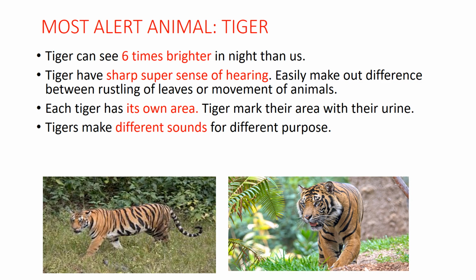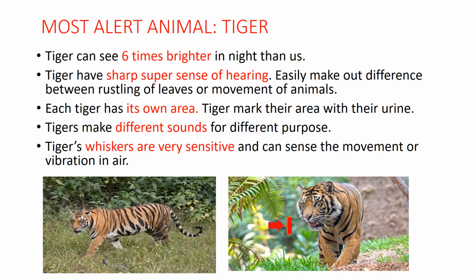Suppose they want to give an alarm call, they will make a different sound. Similarly, if they want to attract the other tigress, they will make a separate sound. The tiger's whiskers, you can see here, are very sensitive and can sense the movement or vibration in the air.